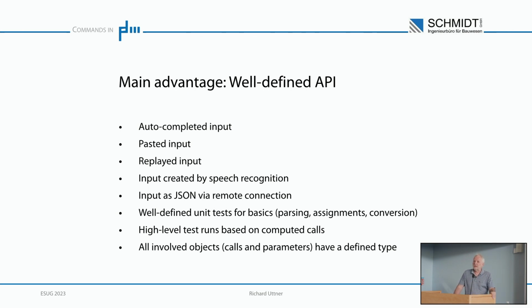So what we finally come to is a situation where, by defining call types and calls and arguments, we have a well-defined API for our whole application. So in the meantime, we obey the rule internally.